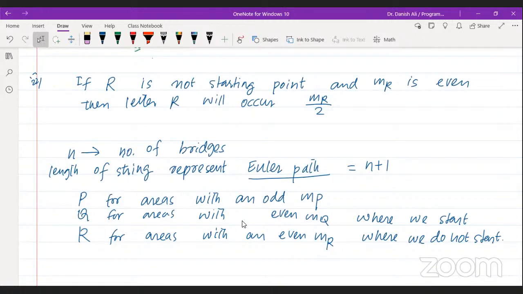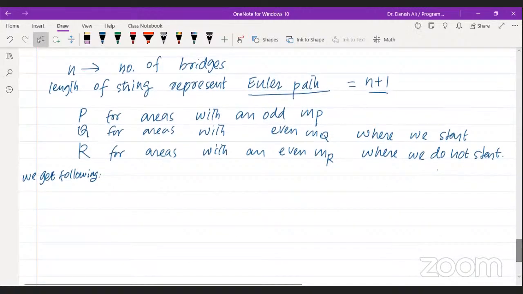Okay, so according to what we have just seen, we get the following equation. The total length of an Euler path is n plus 1. If somebody gets the Euler path, it has areas in which we have odd connected bridges, even connected bridges, and even ones with different starting points.